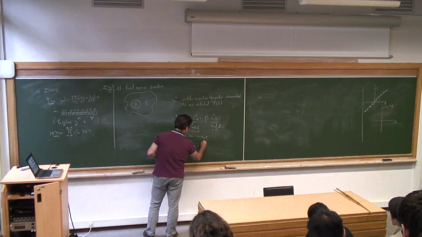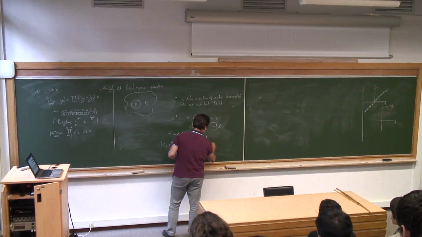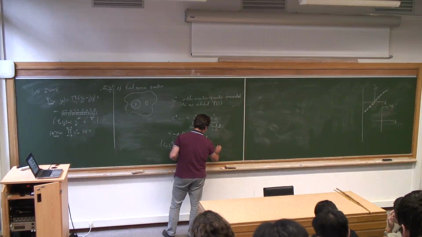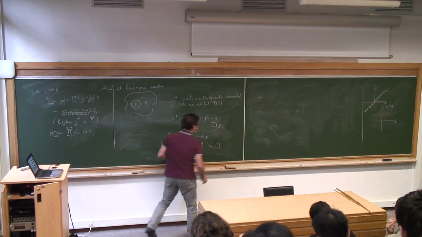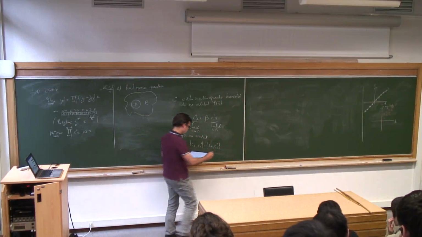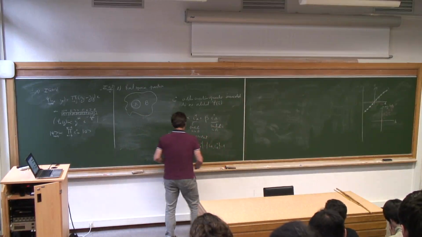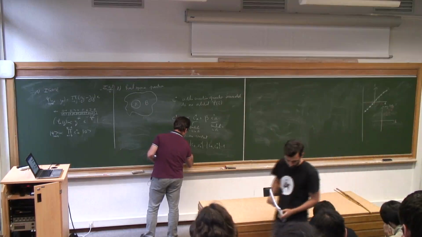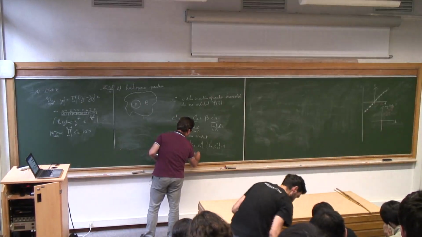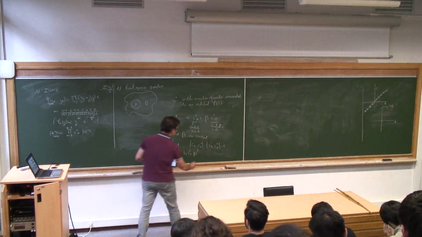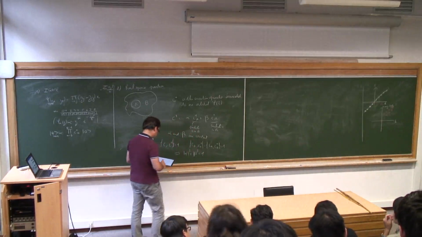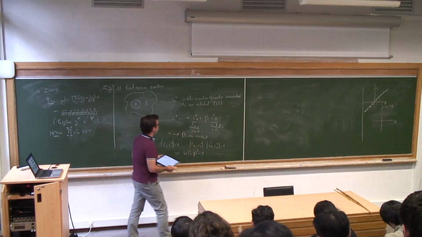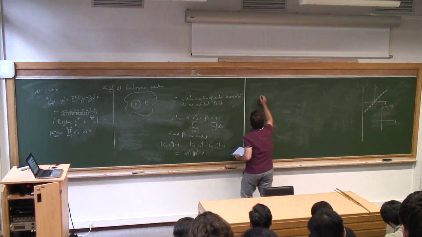Same story for these two: the anticommutators of CA dagger and of CB dagger should each be equal to 1. So from this, you show that the norm of alpha squared plus the norm of beta squared has to be equal to 1. Good. So now let's look at the wave function.